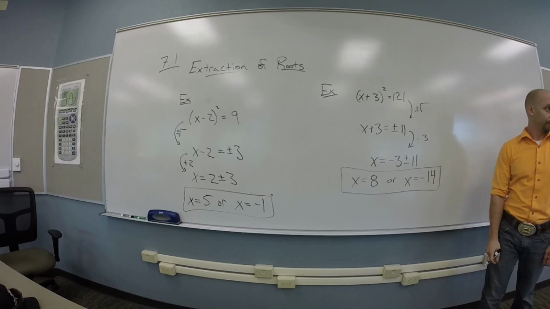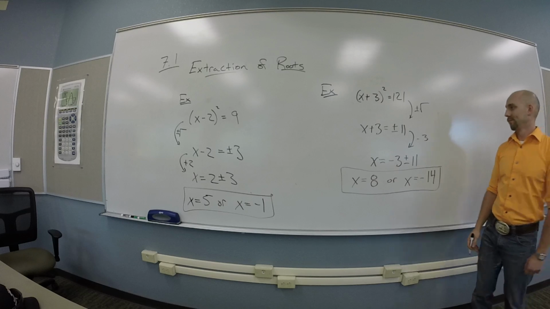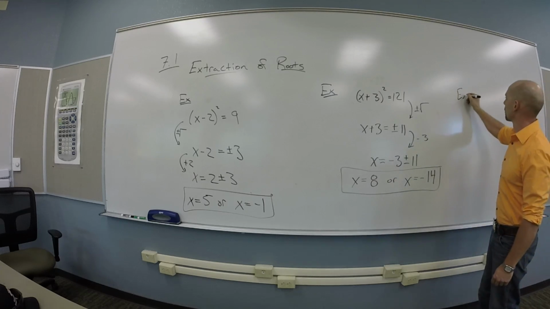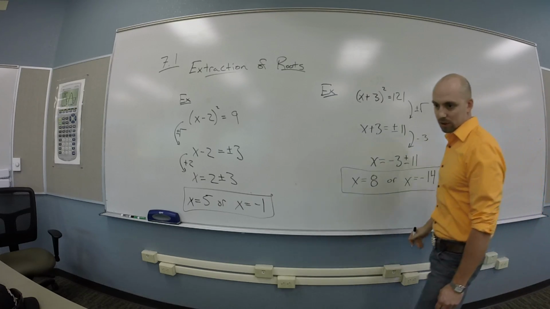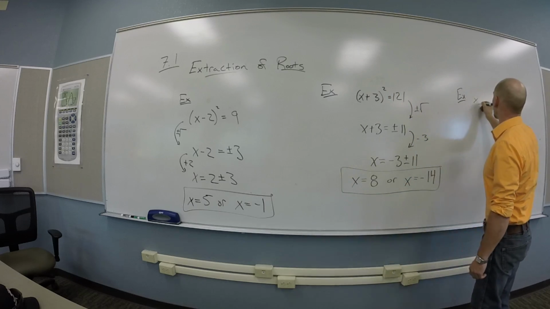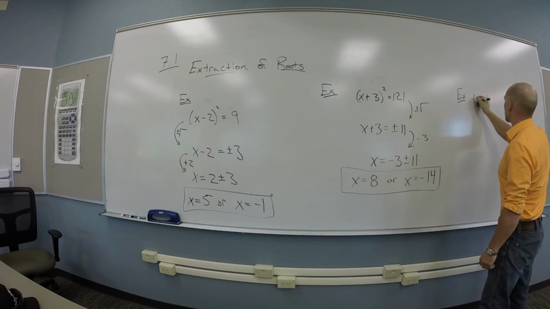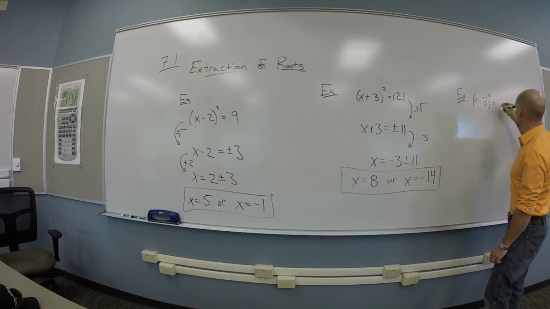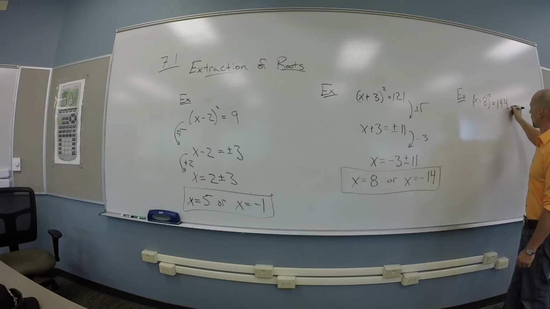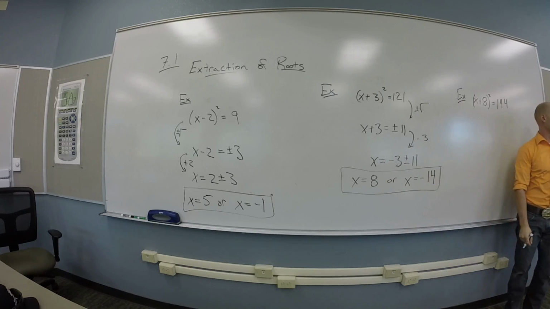Gonna do one more. What was my other example? I guess it doesn't really matter. Okay, so if we had x plus 8 squared is 144, what would it be?